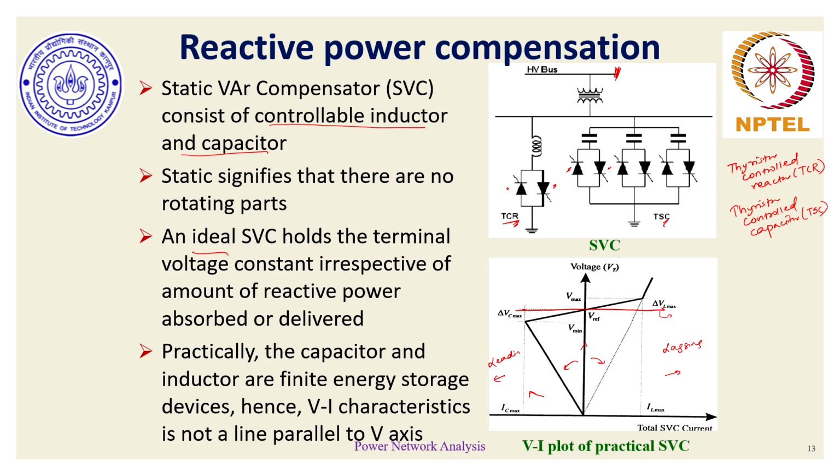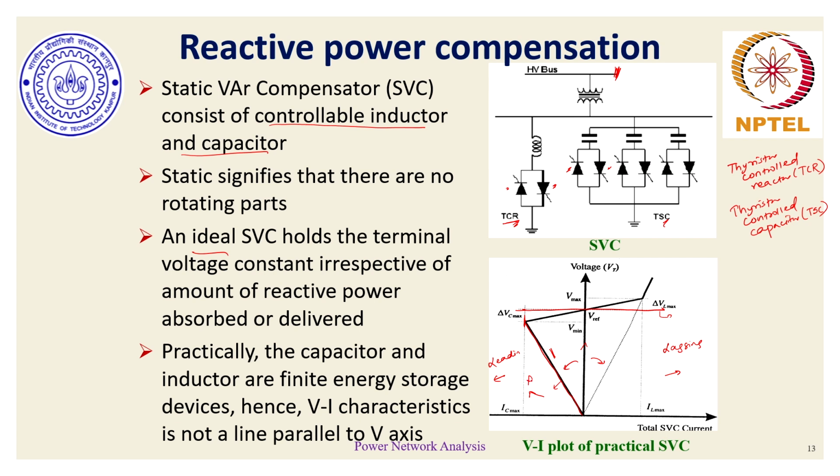That's why on the capacitive side you see a linear profile, which goes up to the maximum voltage the capacitor can withstand. Beyond that, the capacitor would blow off, and between these points you have a linear relationship, because any straight line on the VI plane refers to a slope.